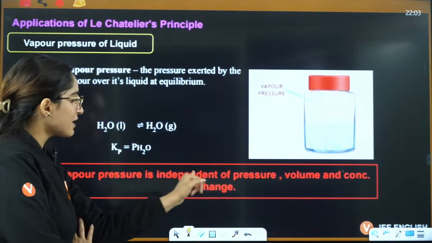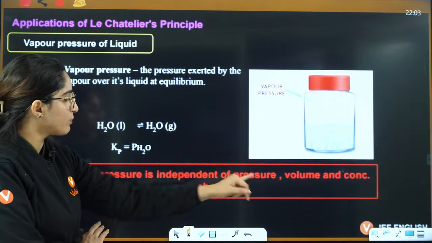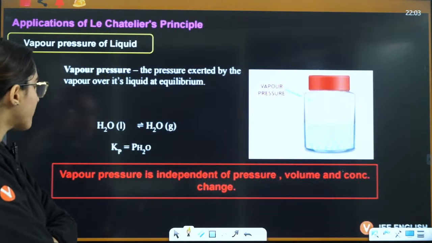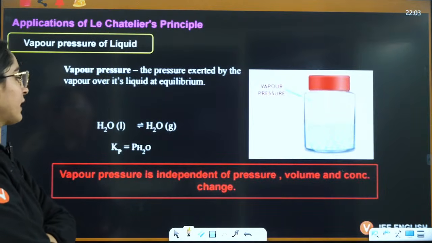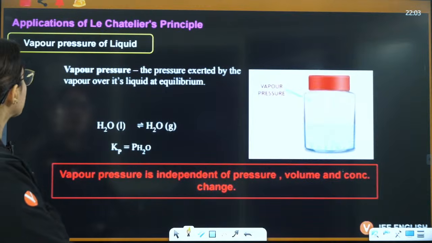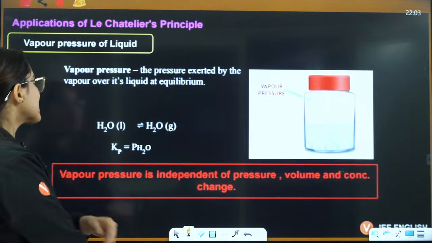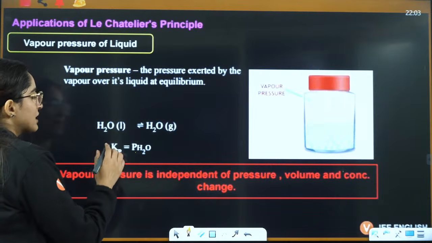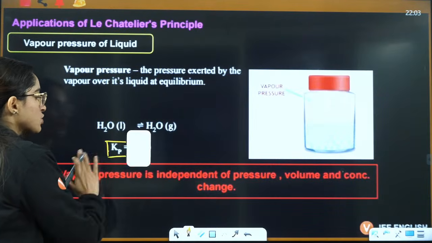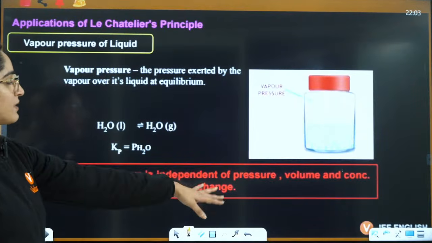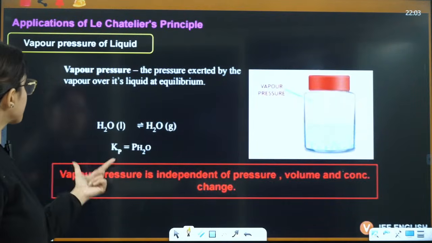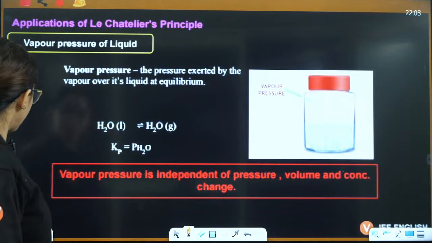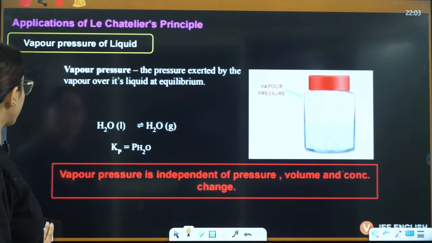Vapor pressure is independent of pressure, volume and concentration change, because here it is only dependent upon the pressure of H2O. So in case of vapor, this is simply vapor pressure that is written.